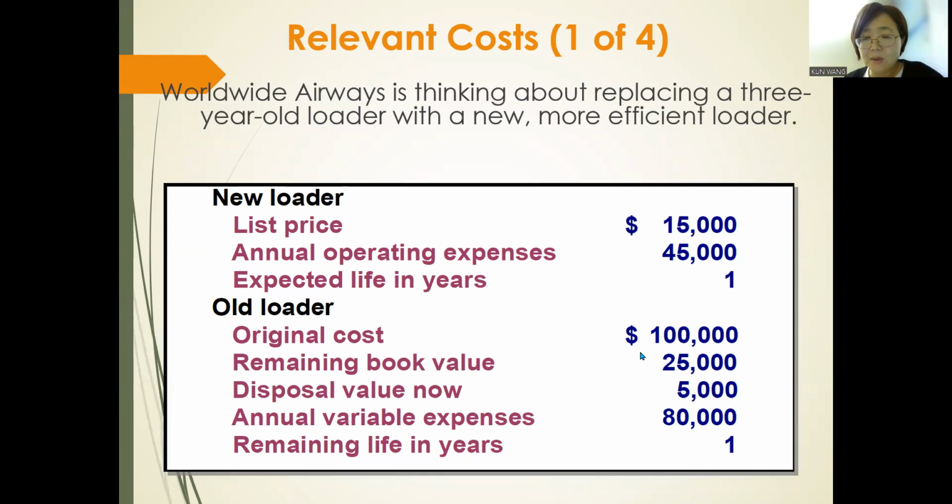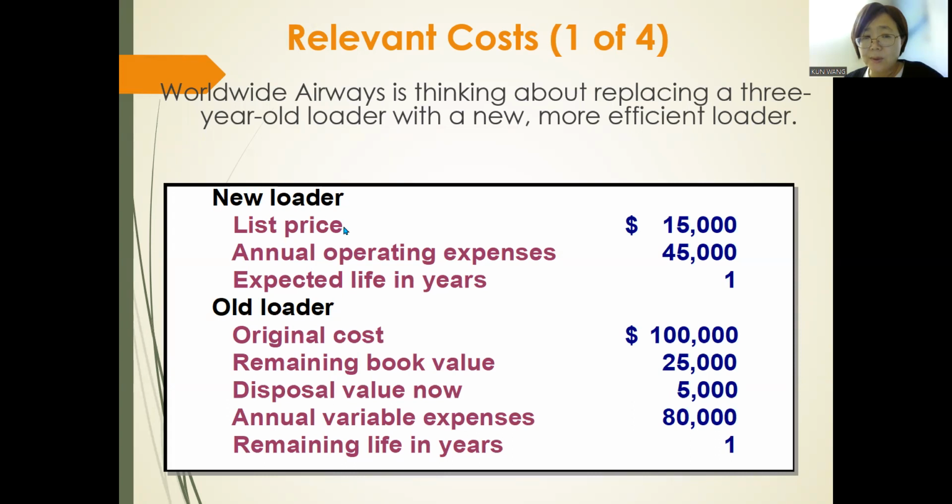Then finally, the original cost and the remaining book value of the older loader, 25,000 or 100,000. Both of them are sunk costs. 25,000 is the remaining value of the 100,000 because it was incurred in the past. If you keep the older loader, it will be depreciated over the 1 year.